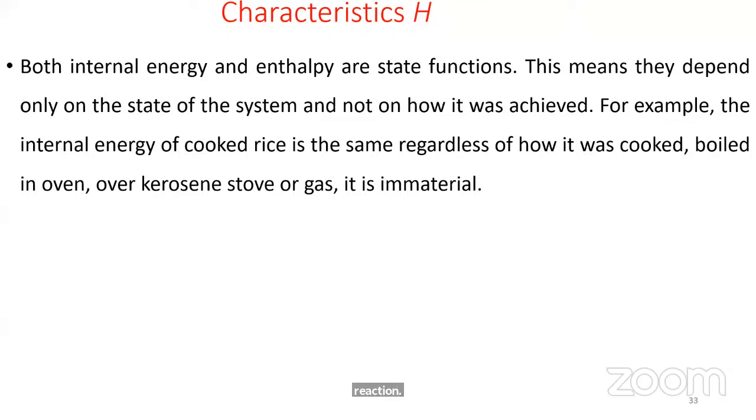So characteristics of H. As I said, sometimes your H can be your heat of reaction, so in that instance, you're looking at both the internal energy and the enthalpy function. So this means that they depend on the state of the system and not on how it's being achieved.